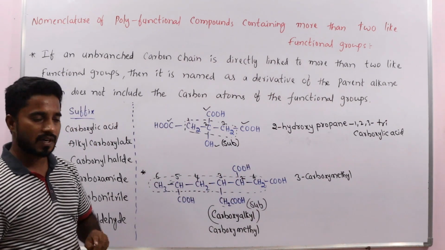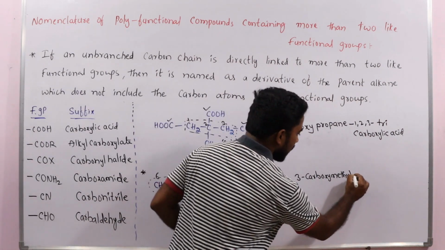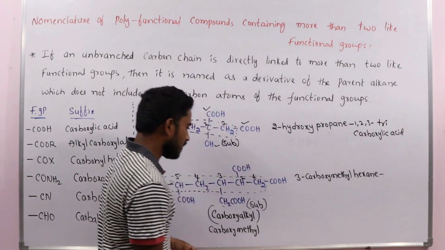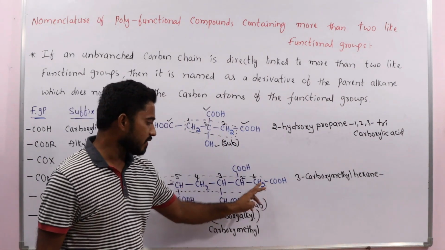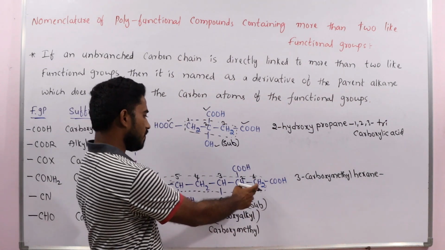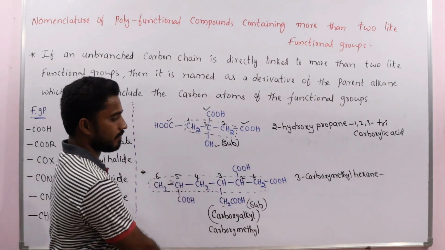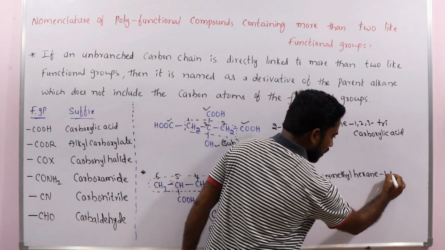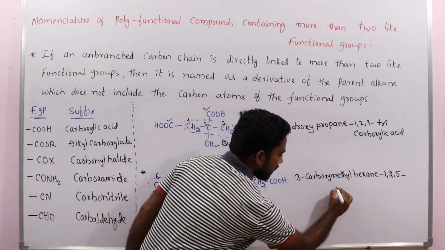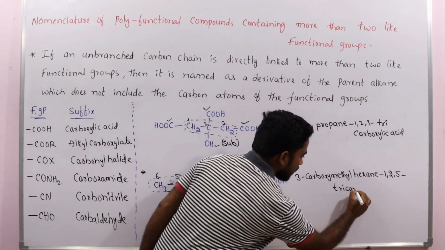Then the parent chain contains 6 carbons, that's why hexane, 3-carboxymethyl-hexane. At first, second and fifth positions COOH, 1,2,5. 3 COOH, that's why tricarboxylic acid.